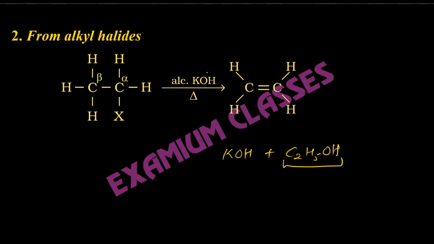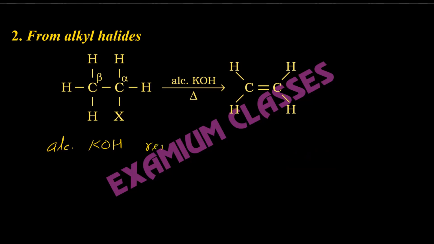Alcoholic KOH: what is the function of alcoholic KOH? It is something you will write. You will write this statement, and it will be used extensively in conversions and indirectly in multiple questions. Alcoholic KOH removes HX.